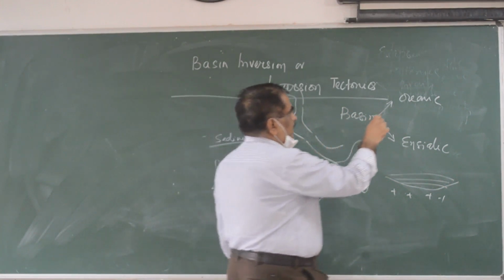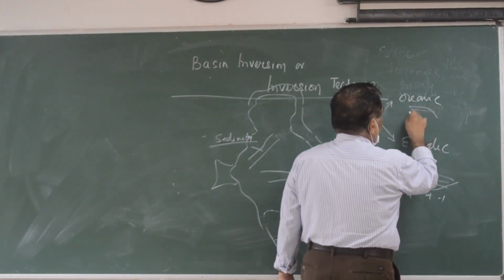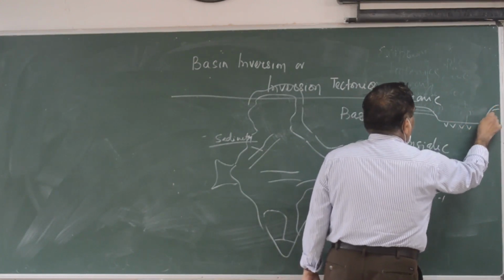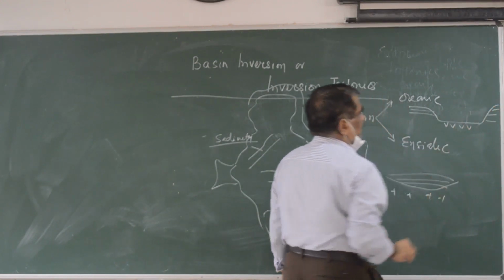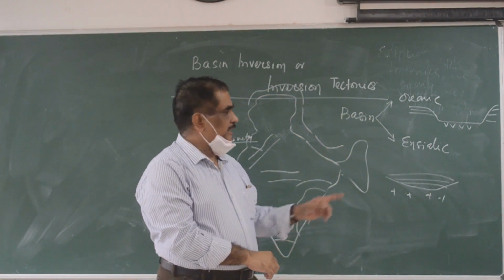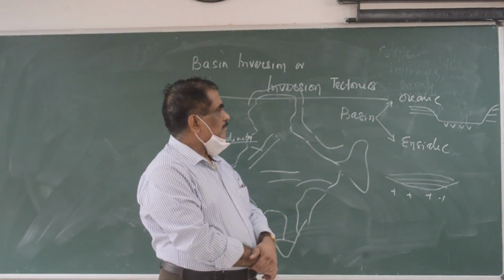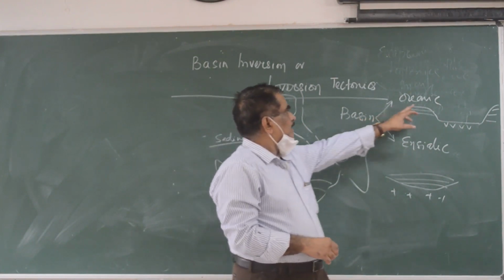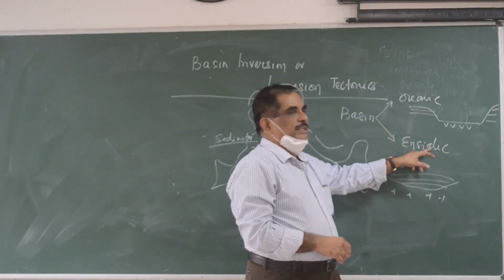But in case of oceanic, you have continental crust, then ocean floor, then continental crust. So this is the oceanic basin, this is the ensialic basin. So all these were once upon a time either an oceanic basin or an ensialic basin.